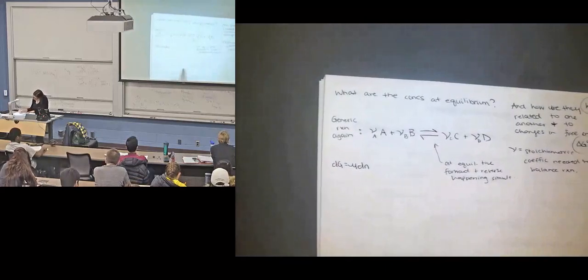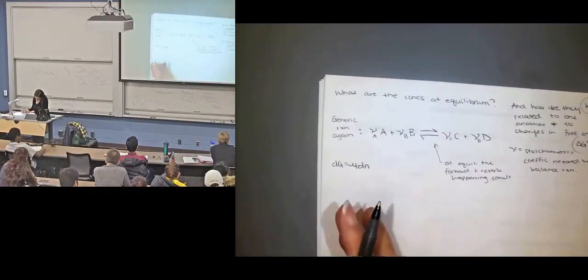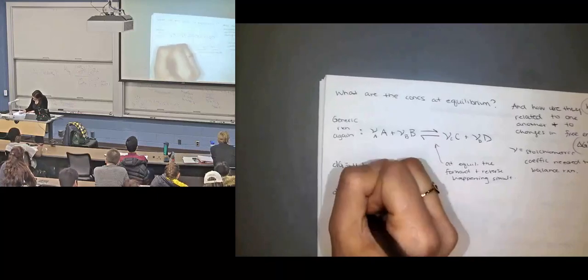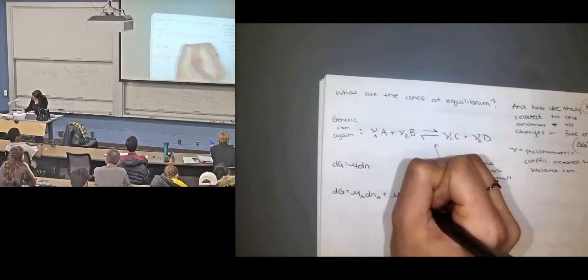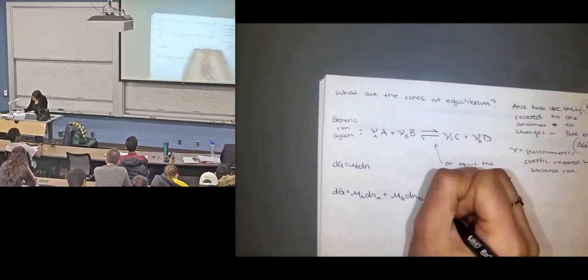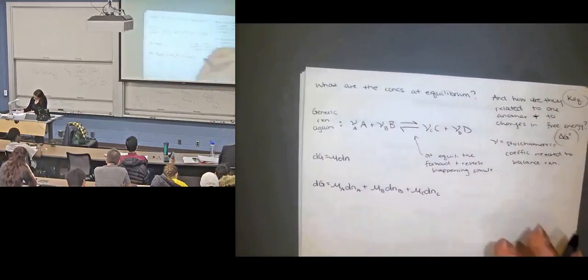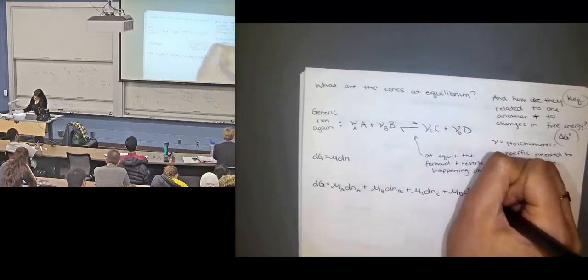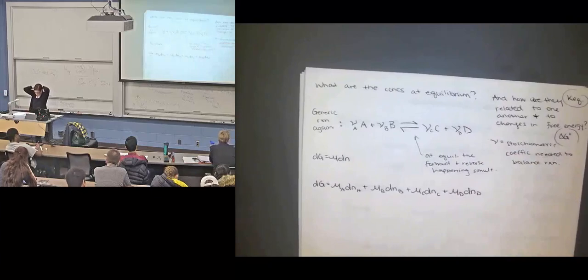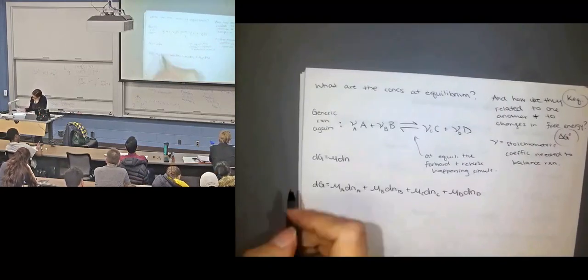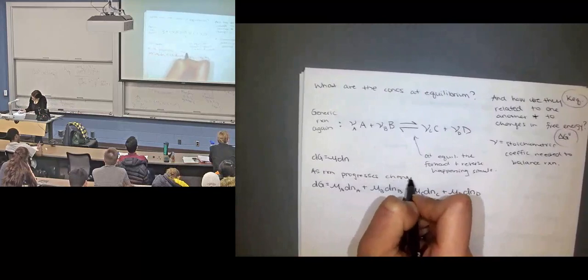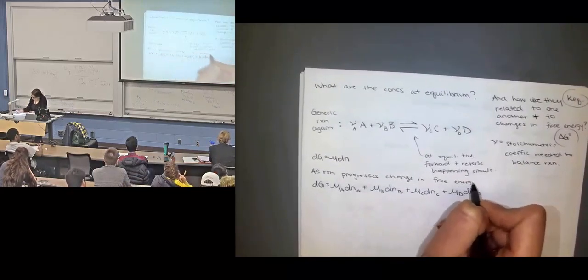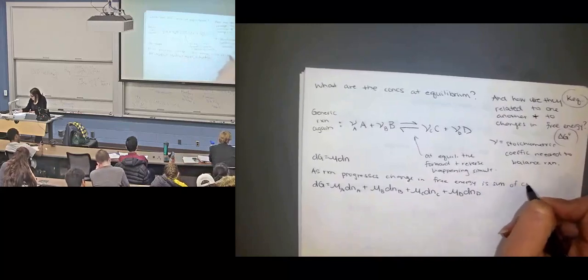I can write this, for the forward reaction only now, as dG equal to the chemical potential of A times the change in the number of moles of A, plus the chemical potential of B times the change in the number of moles of B, plus the chemical potential of C times the change in the number of moles of C, plus the chemical potential of D times the change in the number of moles of D. So as a reaction progresses, the change in free energy is the sum of the changes of each individual species.